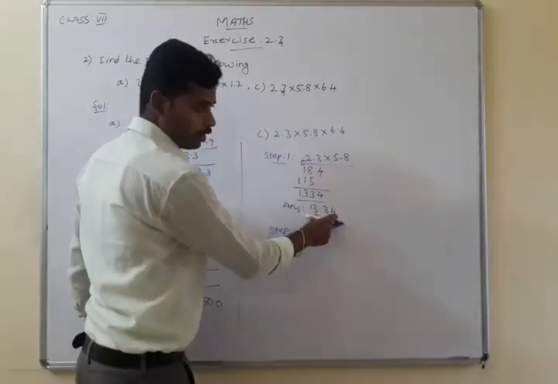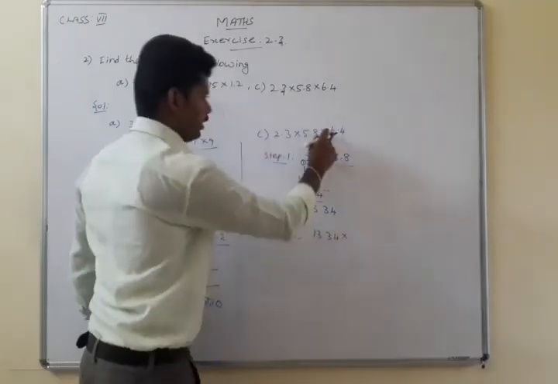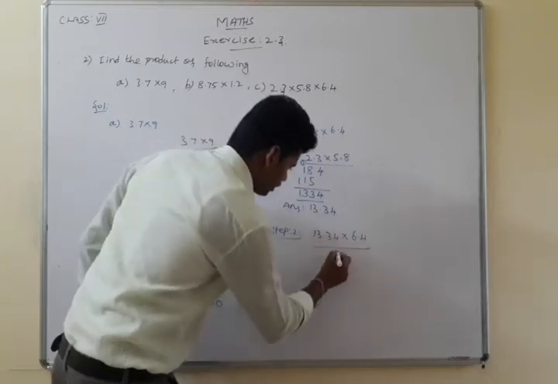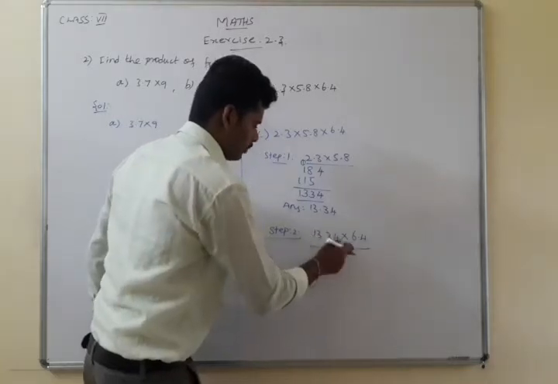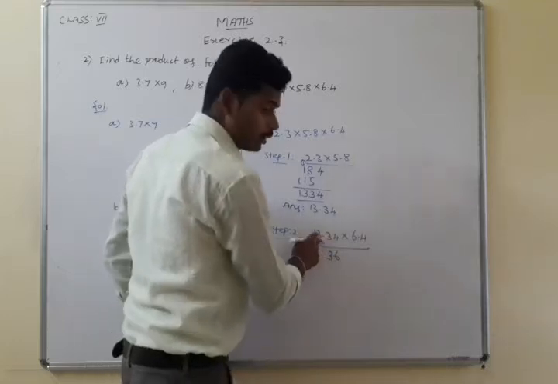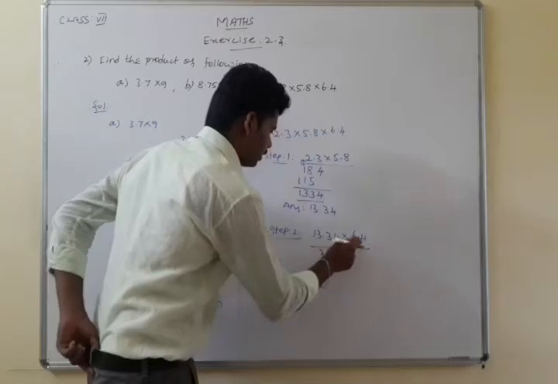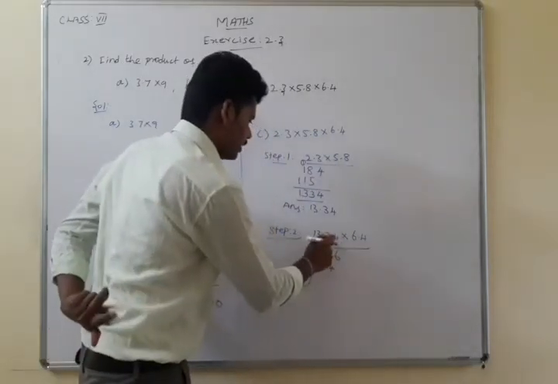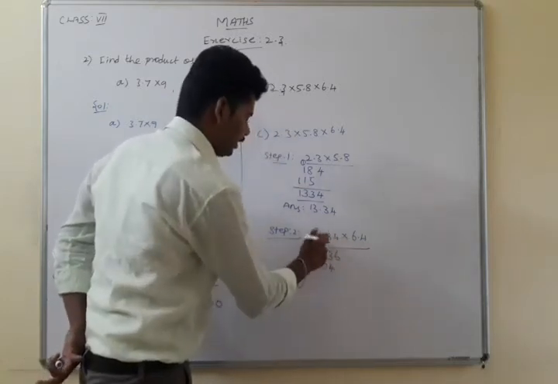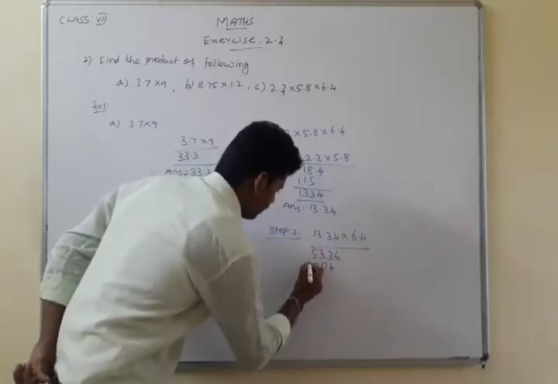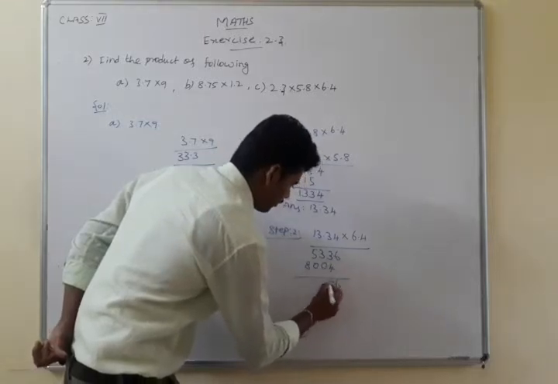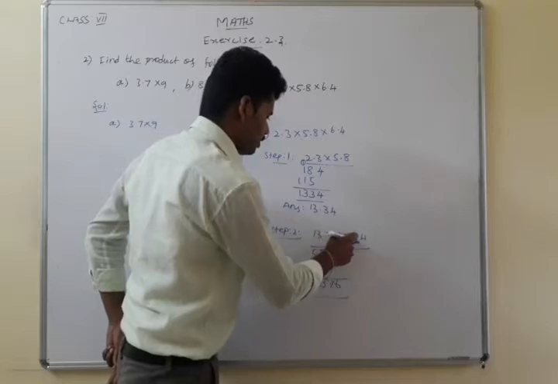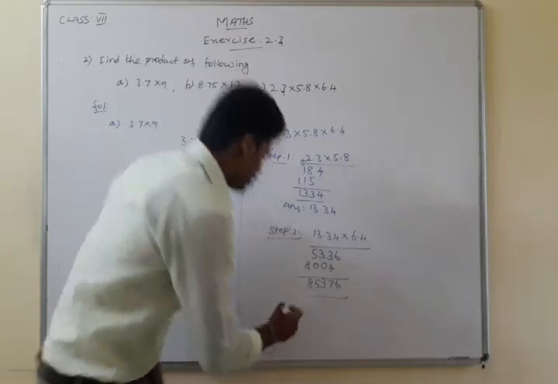Step 2: 13.34 multiply 6.4. 4 fours are 16. 4 threes are 12, 12 plus 1 is 13, remainder 1. 4 threes are 12, 12 plus 1 is 13. 4 ones are 4, plus 1 is 5. 6 fours are 24, remainder 2. 6 threes are 18, 18 plus 2 is 20, remainder 2. 6 threes are 18, 18 plus 2 is 20, remainder 2. 6 ones are 6 plus 2 is 8. So 6 7 3 5 8. 13.34 into 6.4: here 1 decimal place and here 2 decimal places, total 3 decimal places.